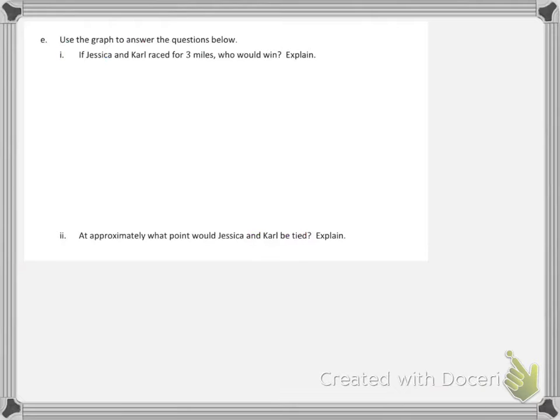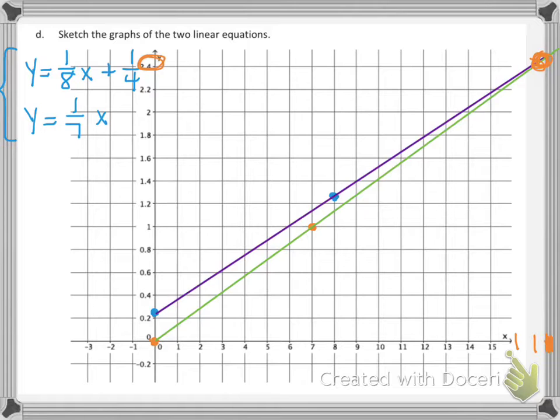So answering our question, if Jessica and Carl race for 3 miles, who would win? Well, let's go back. 3 miles would be up above this, and at that point, our second runner would be the winner. Our second runner is Carl.